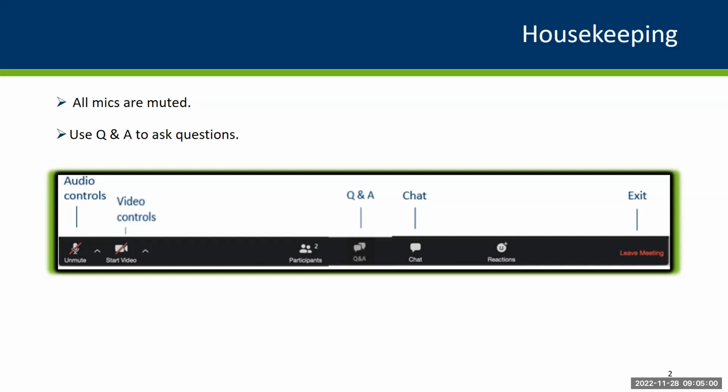We'll have limited use of this button during today's training. It's more or less going to be used to get technical support. And then reactions, these buttons allow you to send either a clapping or thumbs up or whatever emoji you would like to send to the trainer. And then, of course, the leave meeting, which you won't use till the end. Use the button to leave this meeting.